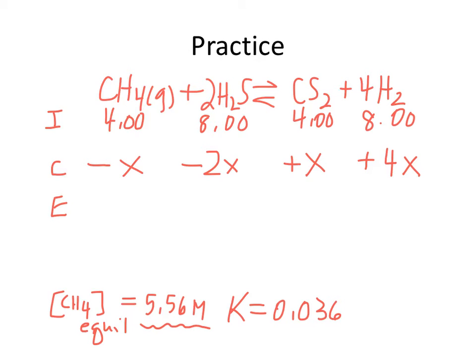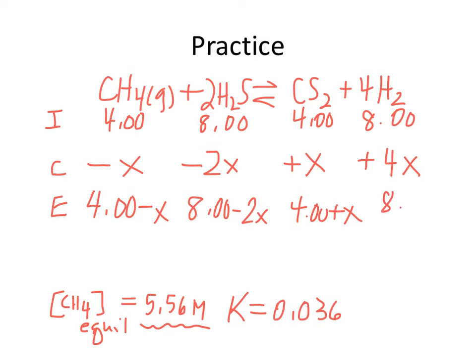So the equilibrium concentrations we have then are going to be 4 minus X, 8 minus 2X, 4 plus X, and 8.00 plus 4X. Okay, so here we are. These reactants are going away, so these are minus signs, and the products are growing in, so these are plus signs. Now we have expressions for the equilibrium concentrations of all of the chemical species in this flask.